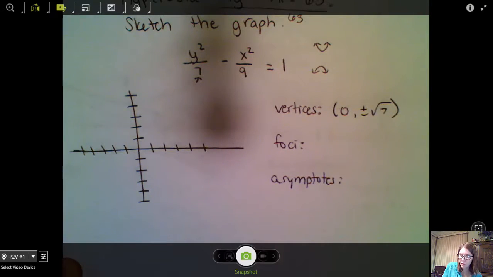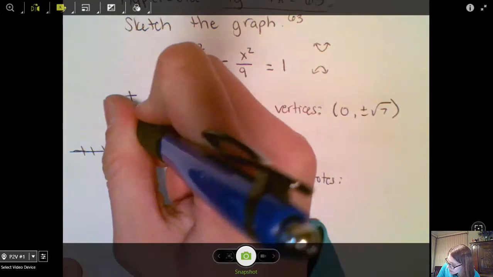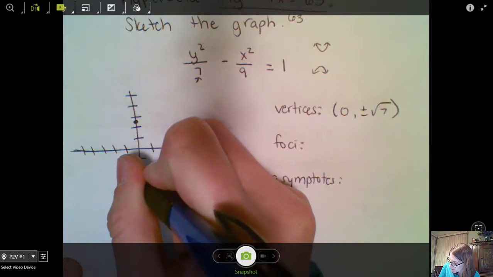And the square root of 7 is 2 point, let me check, closer to 3. 2.6. Okay, so I'll plot those points on here. 0, 2.6, 0, negative 2.6.